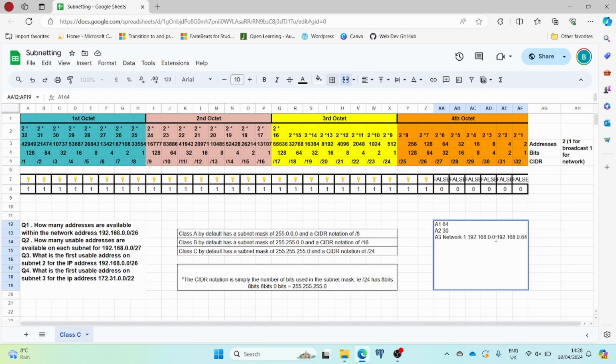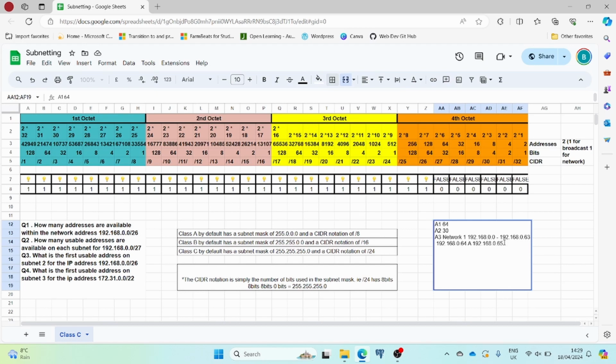The range of network 1 goes to 192.168.0.63, which is the last address. The question asks what's the first usable address on subnet 2? The 64 is the network address, so the first address would be .65. So the answer is 192.168.0.65.